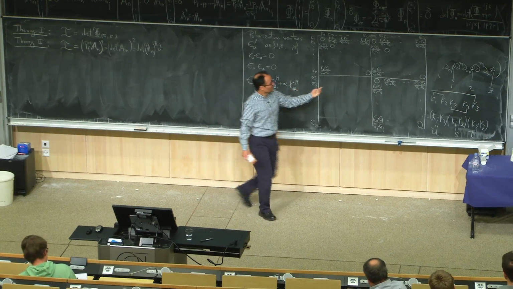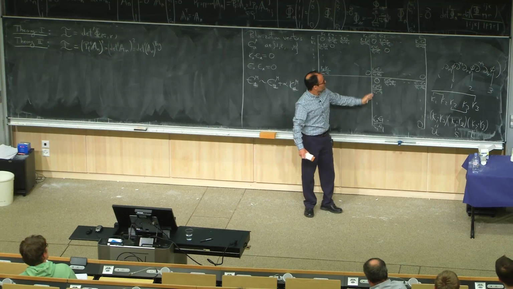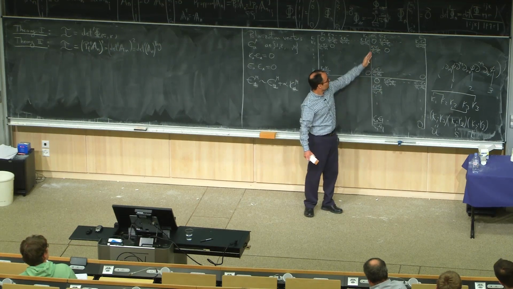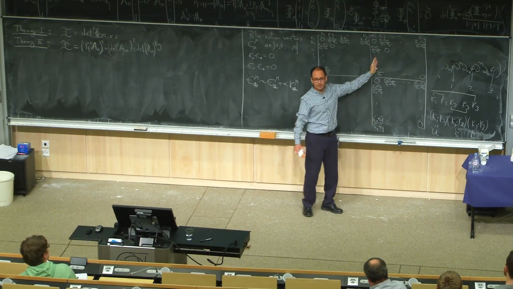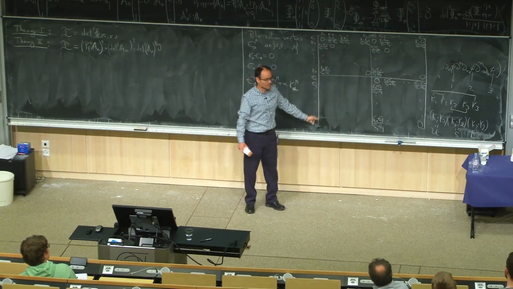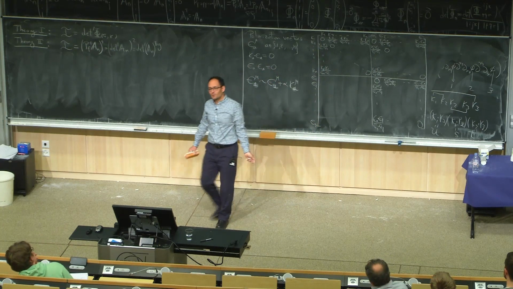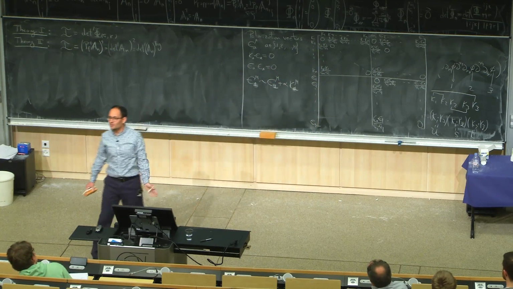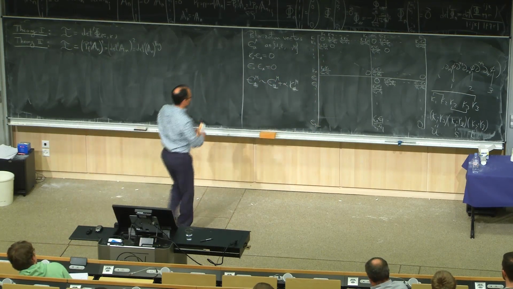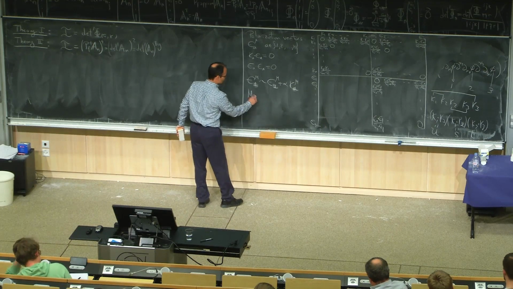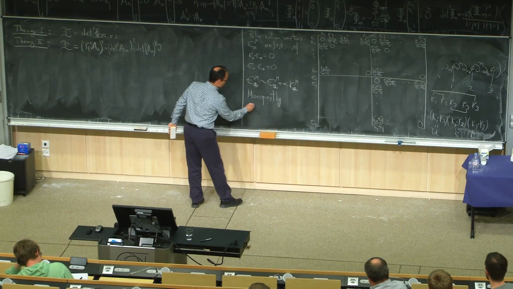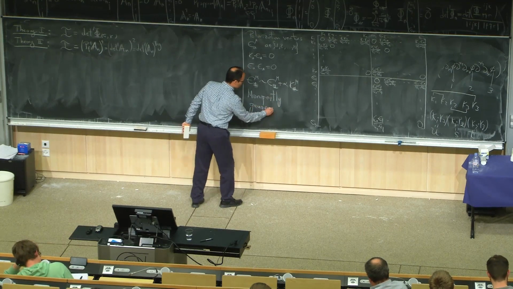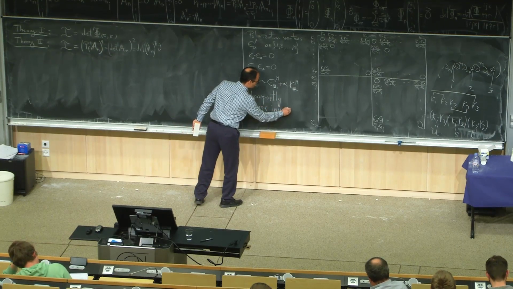And what you find is that the other person has the same answer as you, but that person has the same column that you did, shifted by a column that is identical to the first column. But if you're computing the determinant, such a shift is completely irrelevant. So this matrix is manifestly gauge invariant.